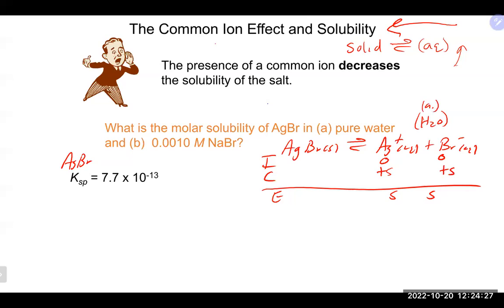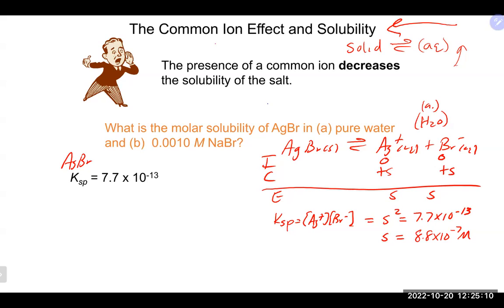And this would go into our KSP, which would be our silver times our bromide. And that would give us S squared is equal to 7.7 times 10 to the minus 13. Taking the square root there will give us a molar solubility for silver bromide of, we'll call it 8.8 times 10 to the minus 7, I believe.